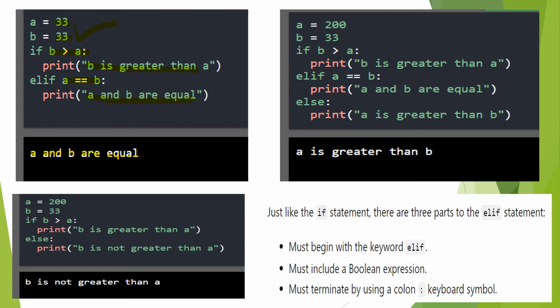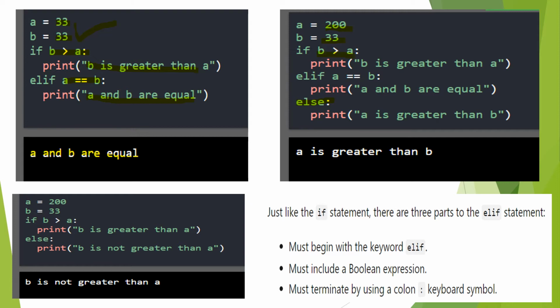The else keyword catches anything which isn't caught by the preceding conditions. Look at your screen again. In this example, A is greater than B. 200 is greater than 33. So the first condition is not true.